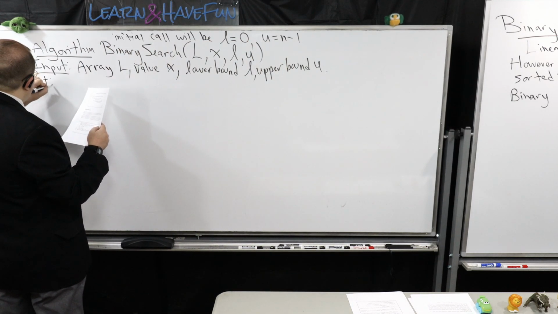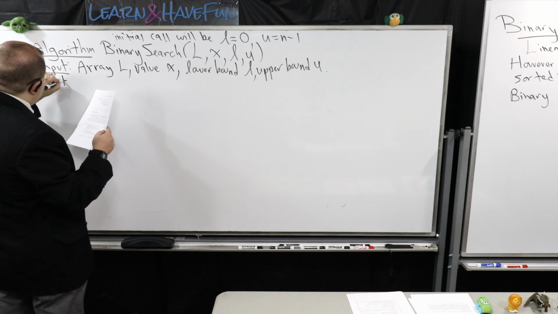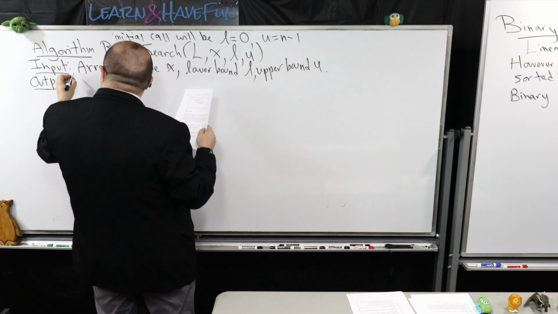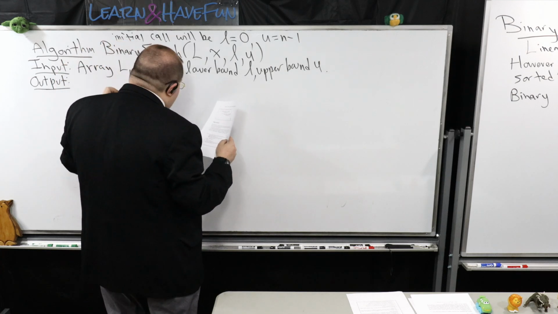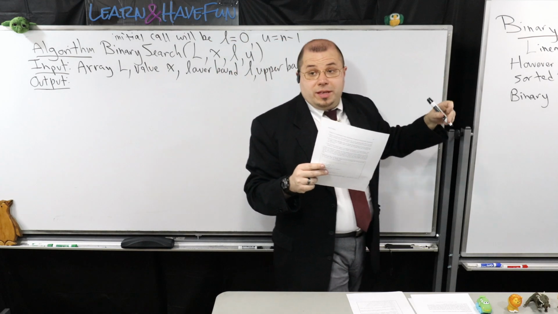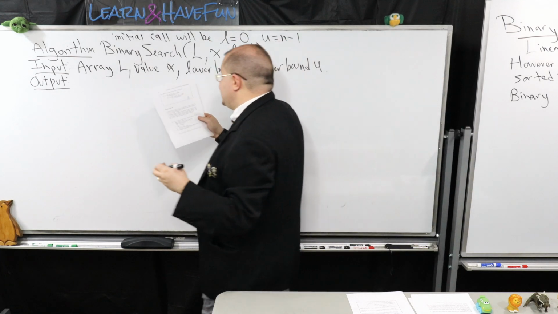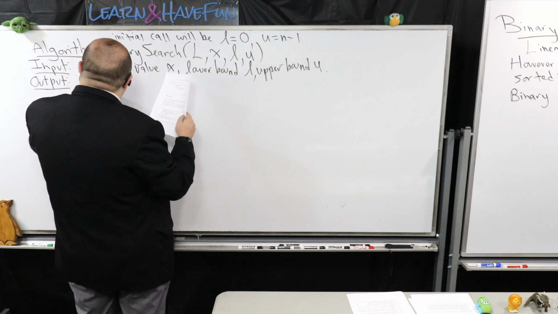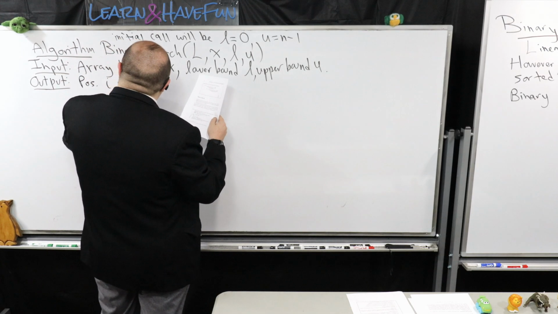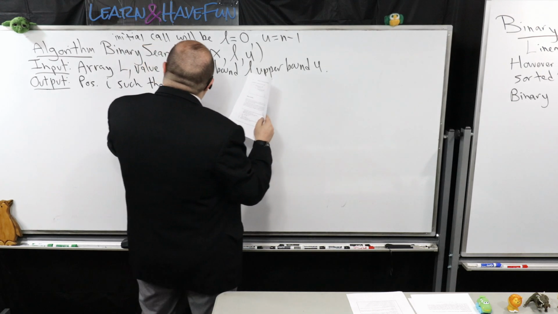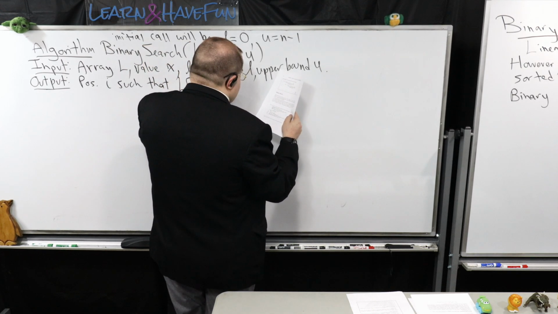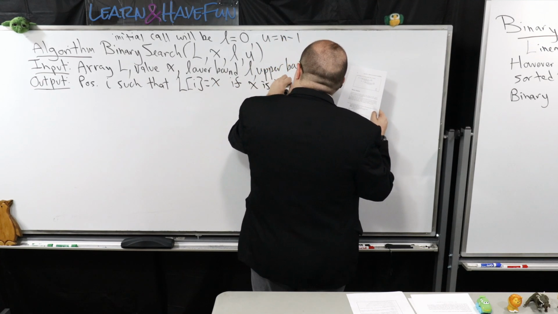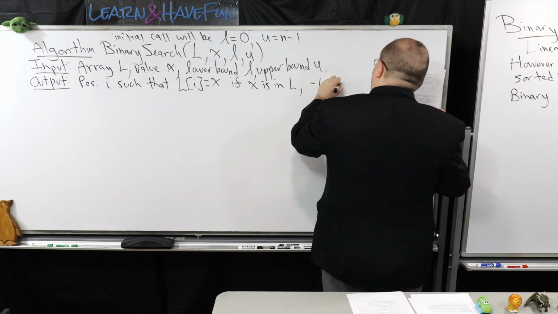And the output is the same as before for linear search. Remember, this array L is under the assumptions I've given over there. So the output is a position I such that L sub I is equal to X if X is in L, and minus 1 otherwise.